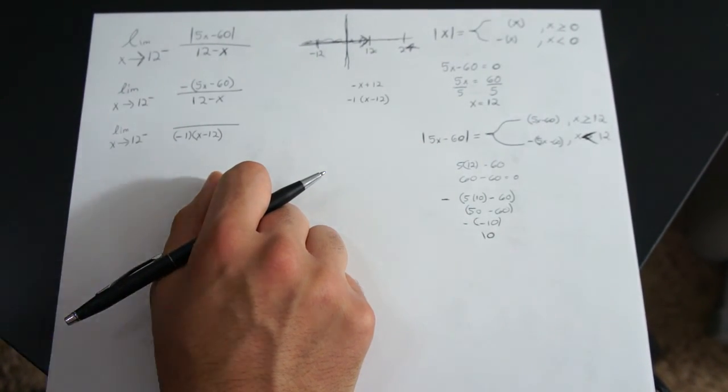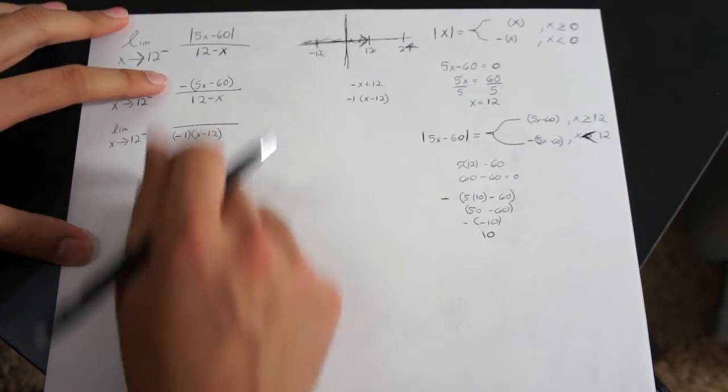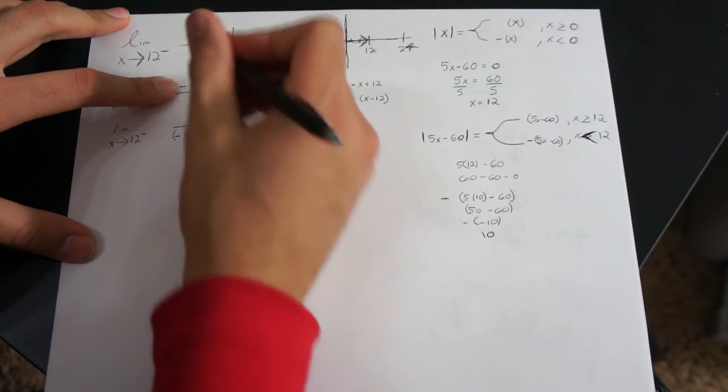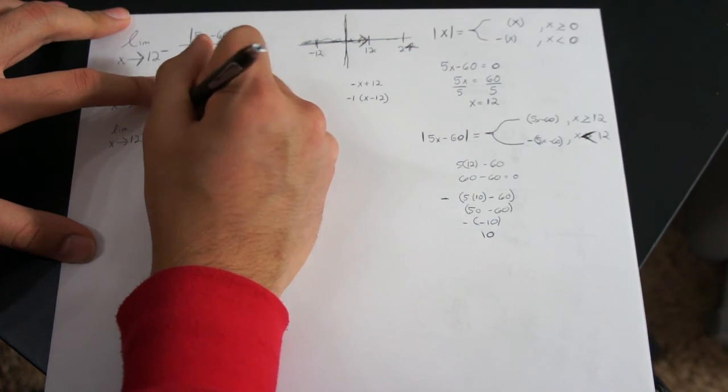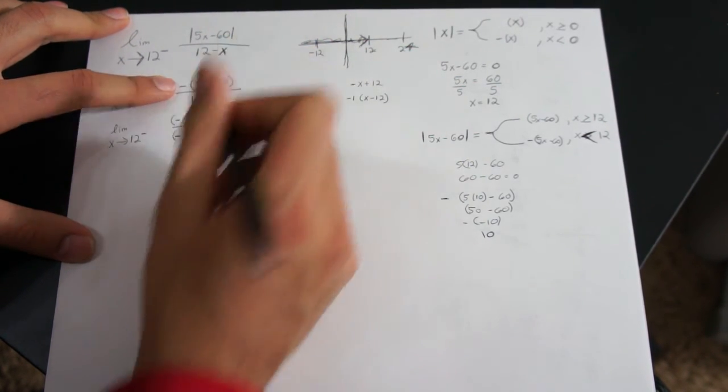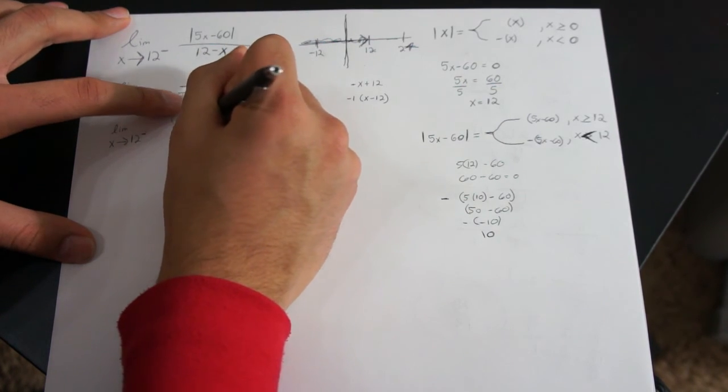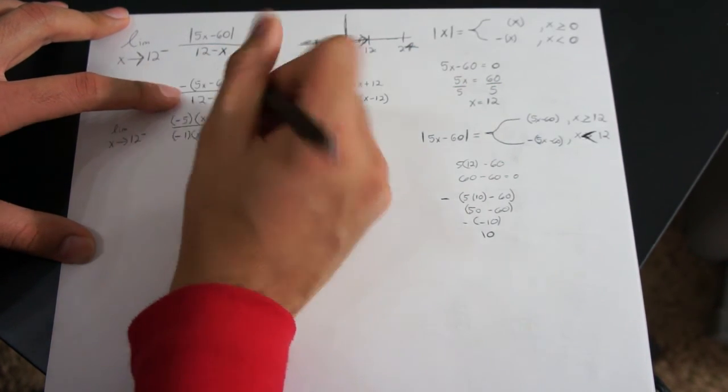And then at the top, we can pull out a 5. With this negative right here, we would have negative 5 times the quantity of x minus 12.